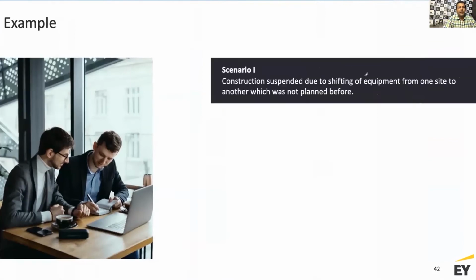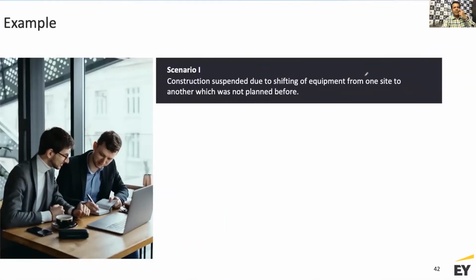Let's look at this scenario, right? Construction suspended due to shifting of equipment from one site to another, which was not planned before. You were doing construction at site A, and you now decided to move it to site B. There's time you're losing because of this movement, and this is not adding any value.